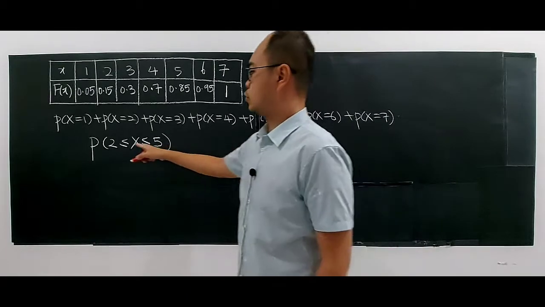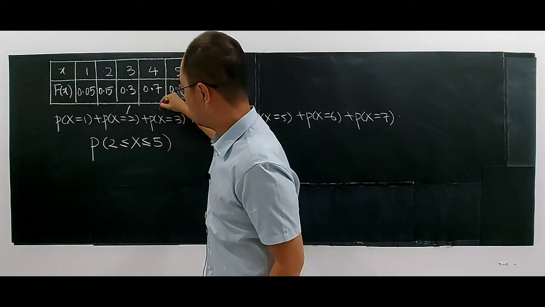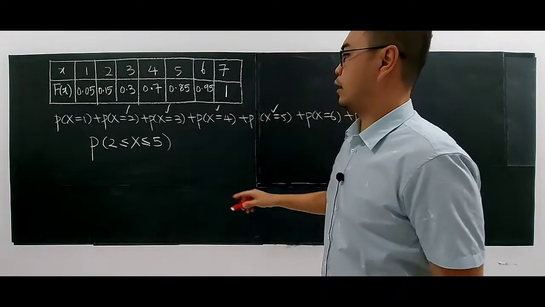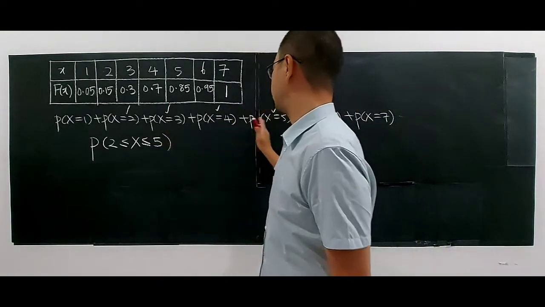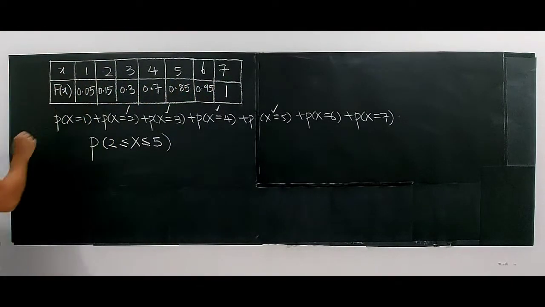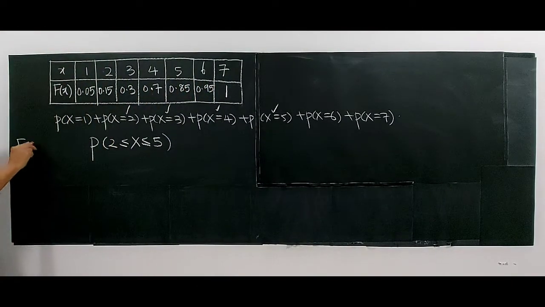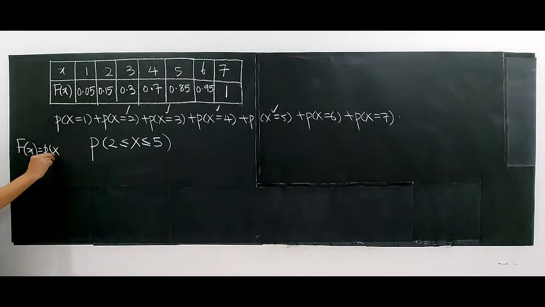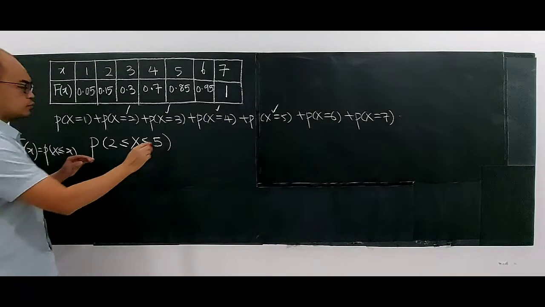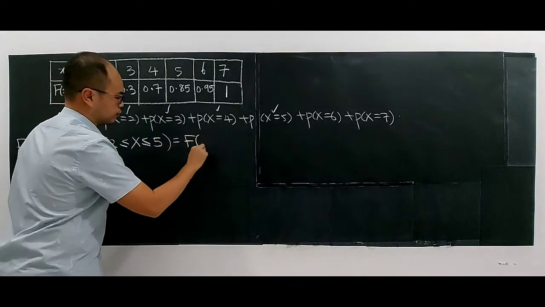We need 2, meaning include 2: 2, 3, 4, 5. As you know, the meaning of big F here is x less or equal to x, so I need to take F5.